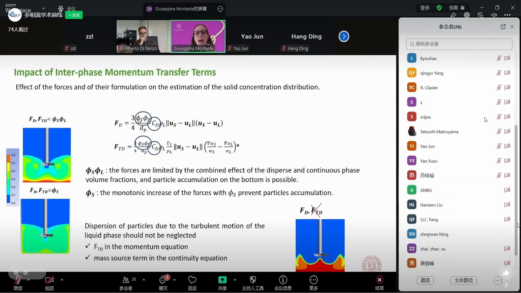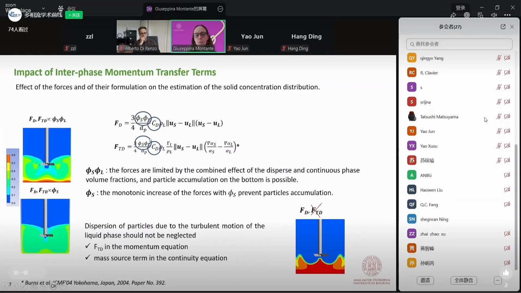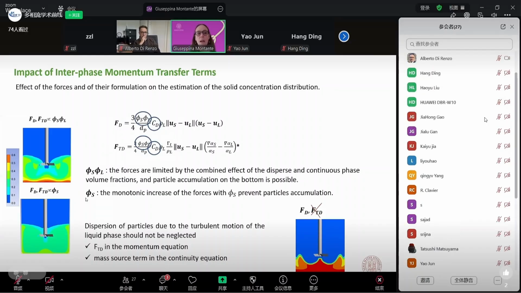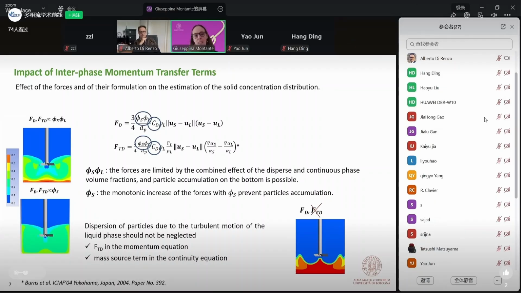So it seems a small difference, but of course it makes a big difference when we have particle accumulation, because in one formulation the forces are limited by the combined effect of the dispersed and continuous phase volume fraction, while if we use just the solid phase volume fraction, we have a monotonic increase of these forces. So when we set up a simulation, when we formulate our model, this way to write down the forces is a critical aspect.